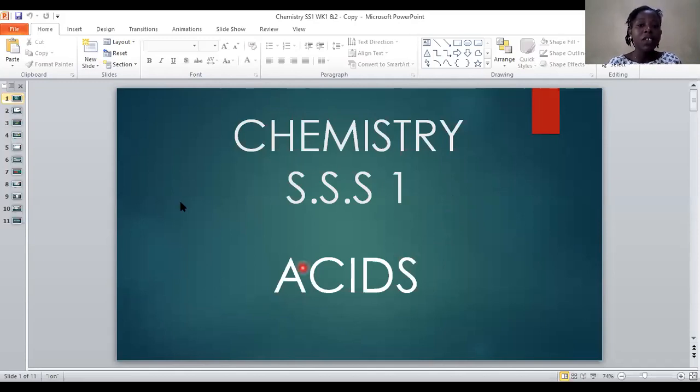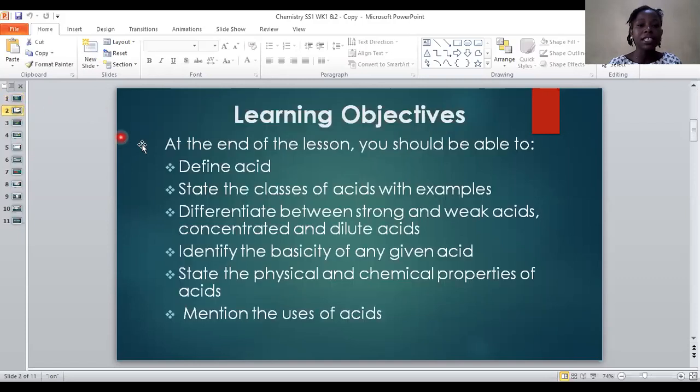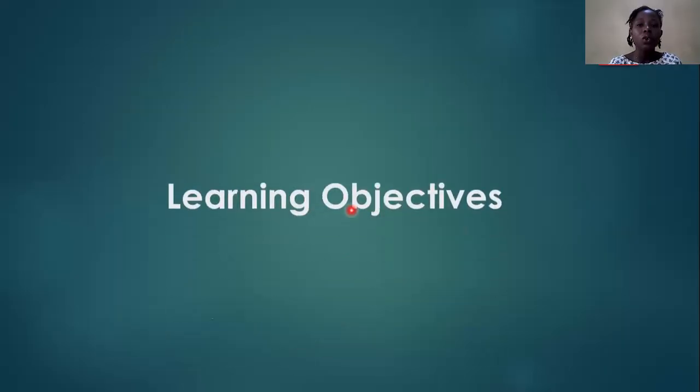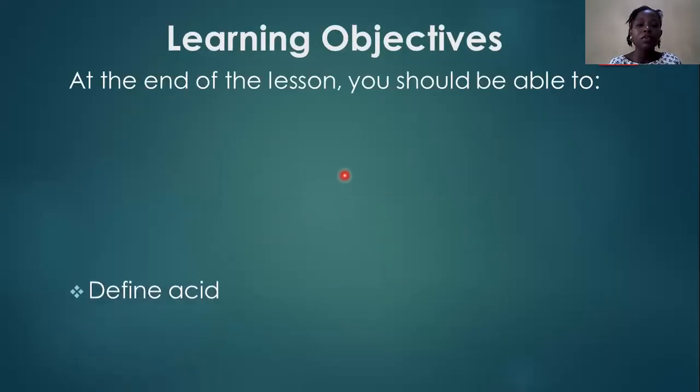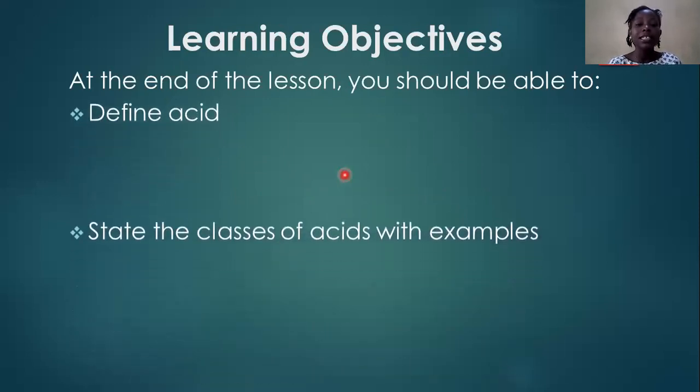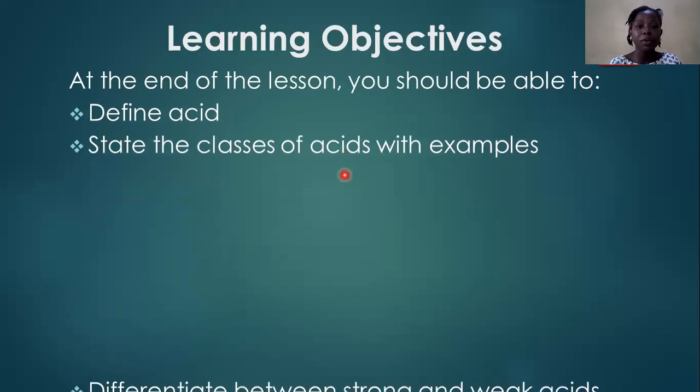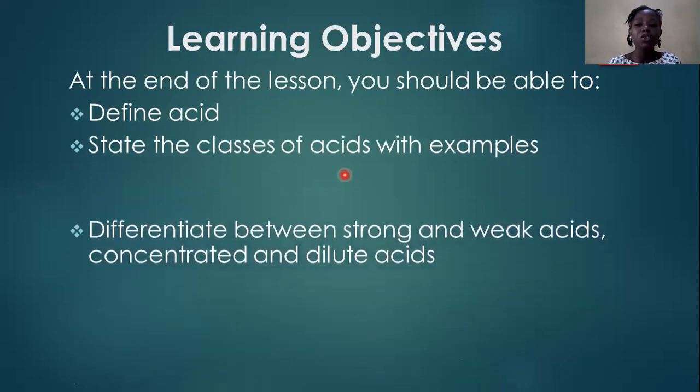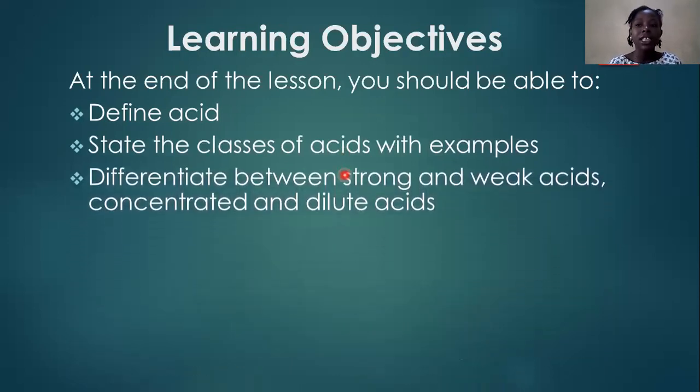So there are specific things you are supposed to learn at the end of this class. So let's look at those things. The topic is acid, and at the end of the class, you should be able to learn various things. One, you should be able to define acid. Two, you should be able to state the classes of acid with examples, differentiate between strong and weak acid, concentrated and dilute acid.